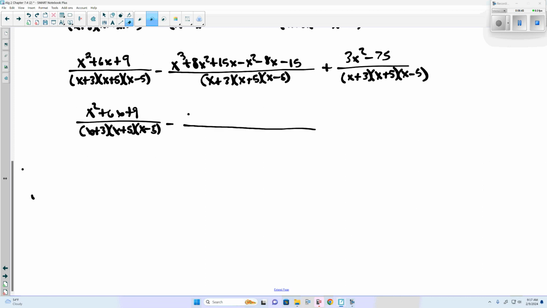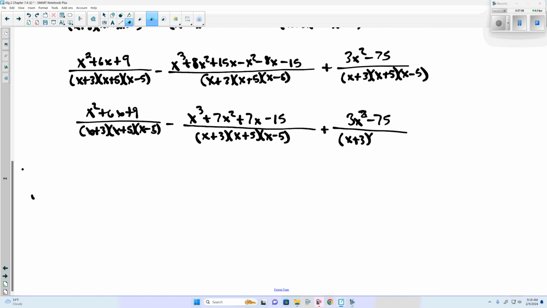Our like terms in the middle, we'd have x cubed plus 7x squared plus 7x minus 15. And luckily, this is the last time we're going to have to write the denominator 3 different times.